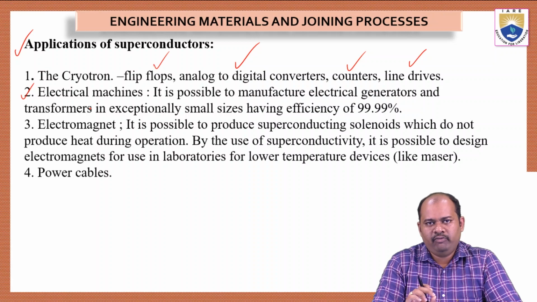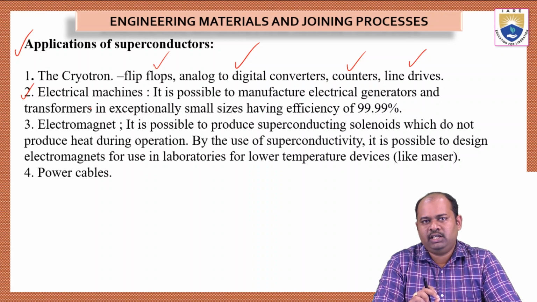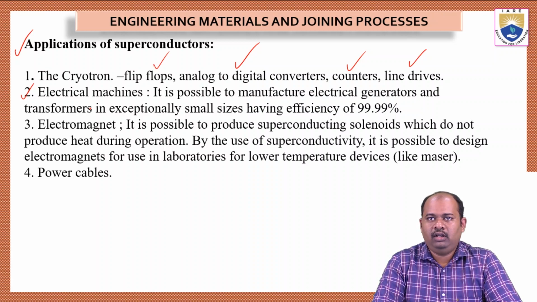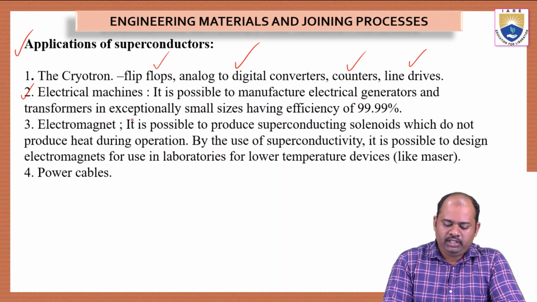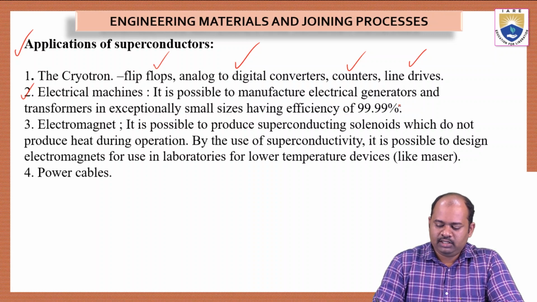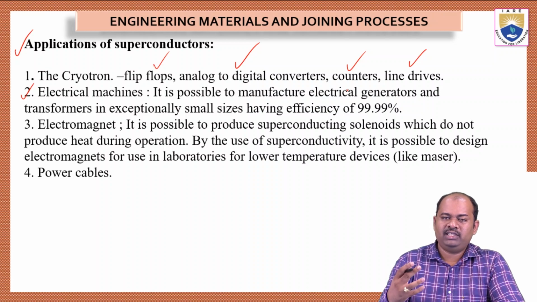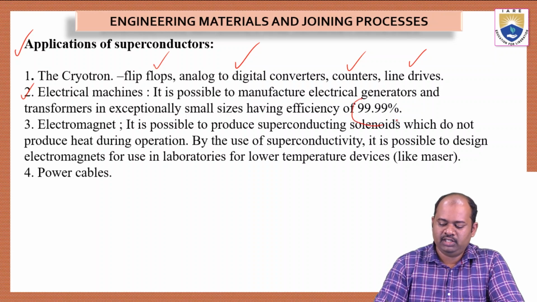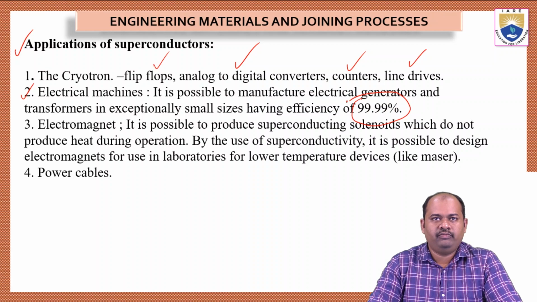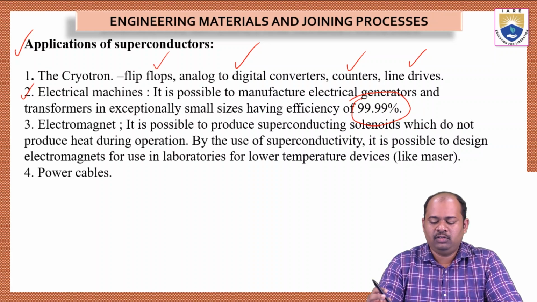Even a very small amount of electricity can easily flow. So very small sized objects can be prepared with this type of superconducting materials, which have a very high efficiency of about 99.99%.